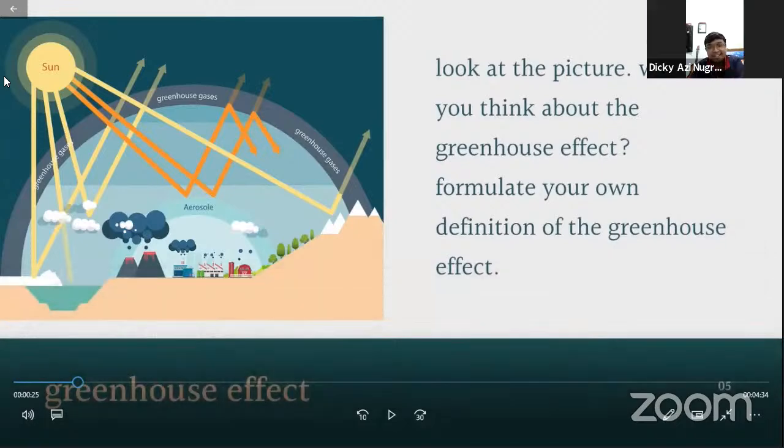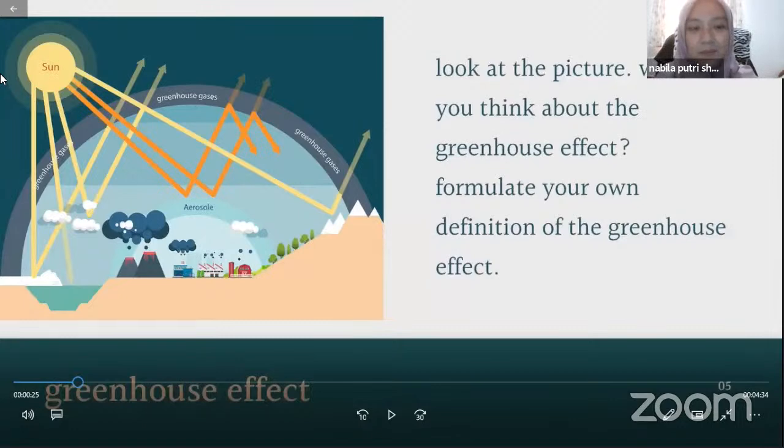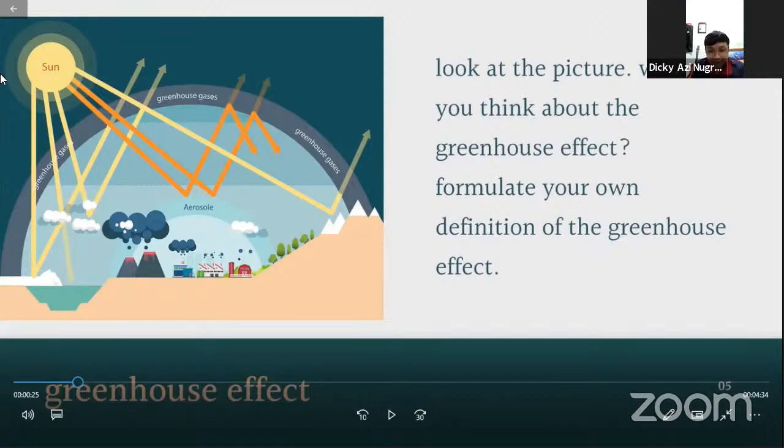May I try then, Miss? Okay, Dicky. I don't know if it's wrong or correct. What do I think about the greenhouse effect? It is one of the factors that results in global warming, and it's called the greenhouse effect because the phenomenon happening here is the same as a greenhouse.